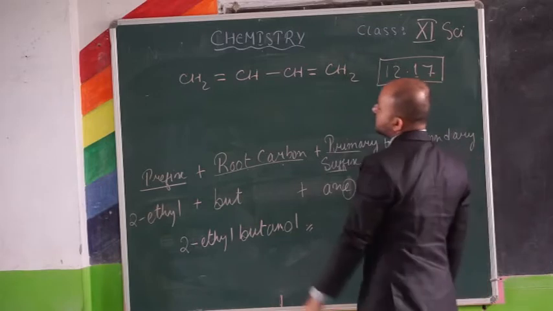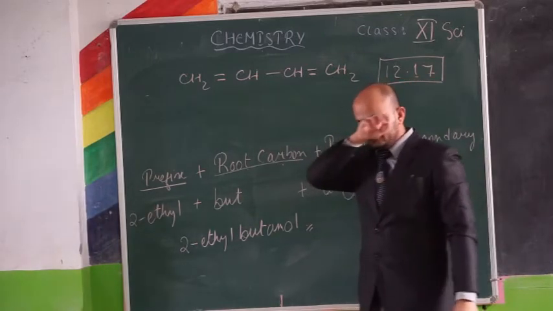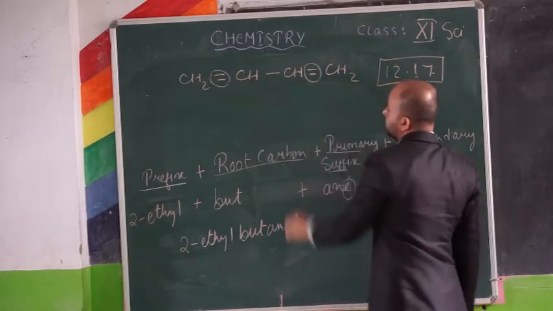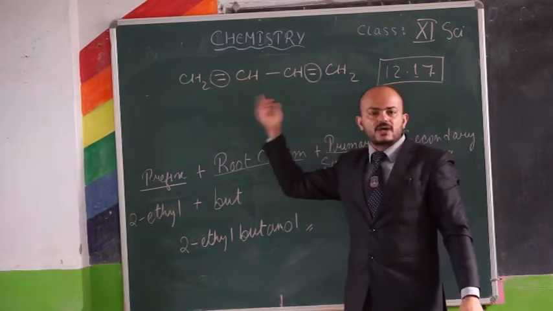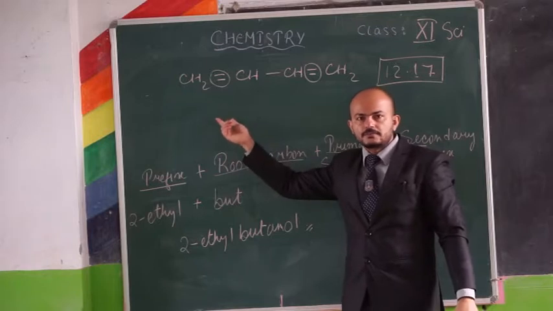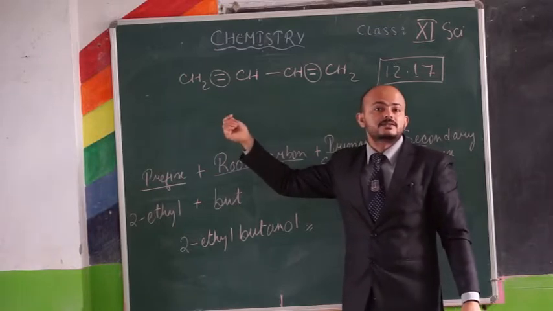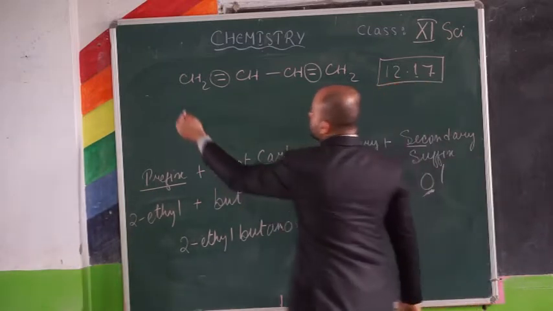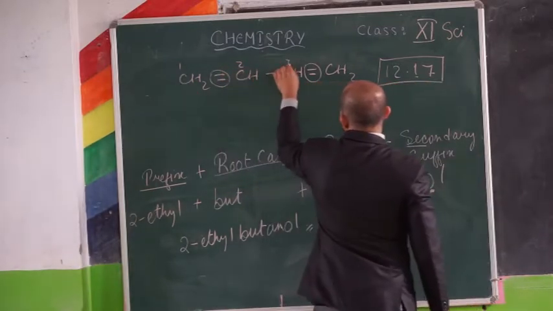In this particular compound, you can see that there is a double bond here and a double bond here also. Two double bonds are present. So while writing its name, you have to mention the positions and you have to write di. 1, 2, 3, 4.